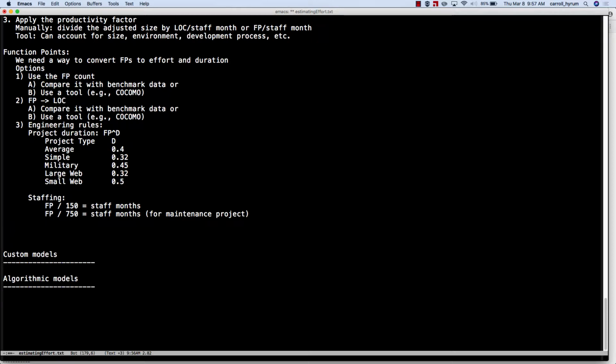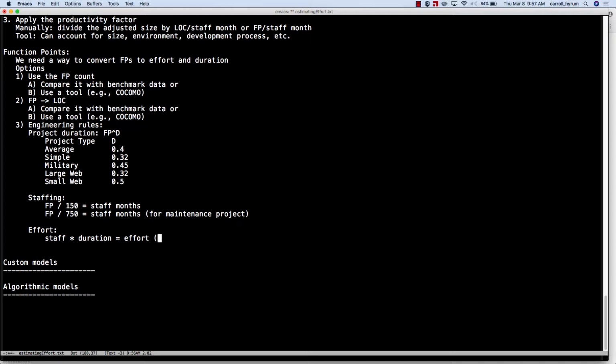Now that we have duration and we have staffing, we can come up with effort. As you've probably guessed, effort is staffing times duration, and this is measured in staff months.